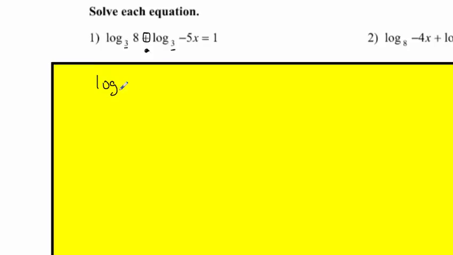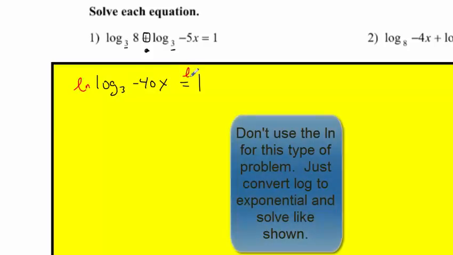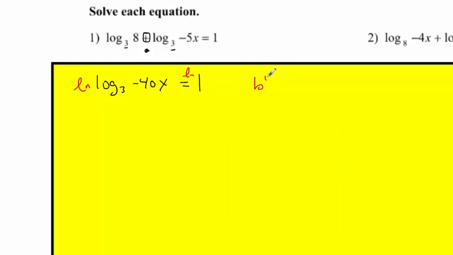So let's go ahead and do that. So I had log base 3, and 8 times negative 5 means that when it condensed down, that had to be from negative 40x, and that was equal to 1. Well, now if you take the natural log of the left side and the natural log of the right side, remember it's b to the y equals x, so therefore 3 to the first has to equal negative 40x, because that's one of the properties.